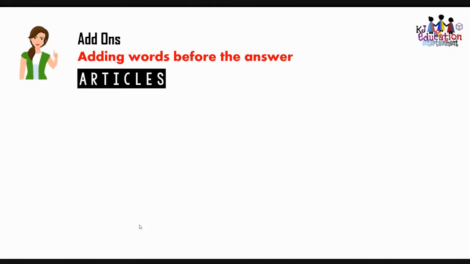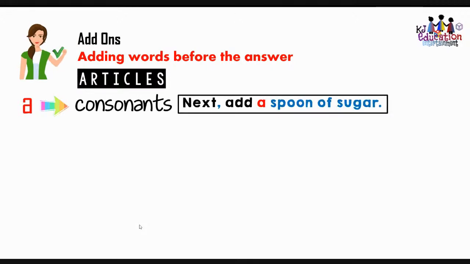Articles. This one as well is very important. We use the article a for consonants. For example, next, add a spoon of sugar. So you have a over there.